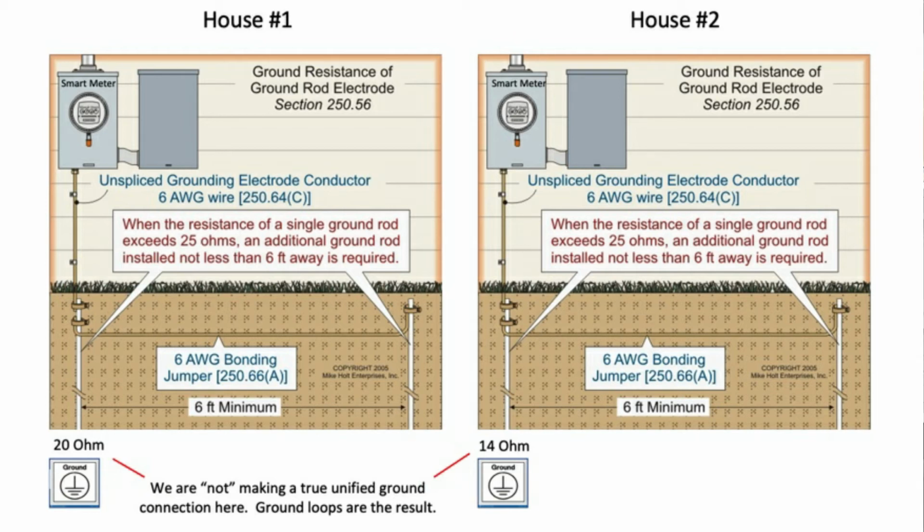With what is going on here, if my house, for example, is 20 ohms and my neighbor is 14 ohms, you can see we have a difference of resistance. And this grounding system is connected into the neutral line, which is not anything that's truly neutral by any means. So there's always going to be some level of potential involved with the difference of resistance.